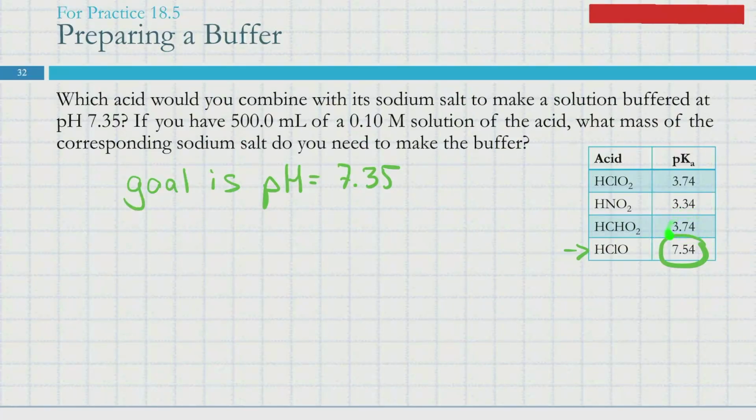I think this is formic acid and our nitrous acid and our chlorous acid are not going to work. They're too far away from our pH range that we're looking for of 7.35. So the pKa is within 1 unit of the desired pH.